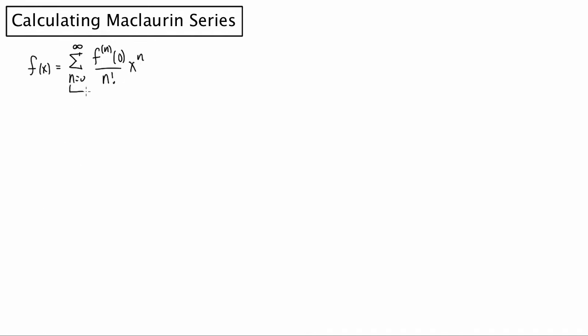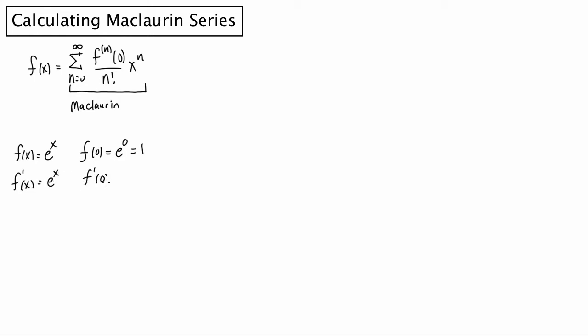And so we want to come up with a similar representation for the functions e to the x and cosine of x. We'll start here with e to the x. e to the x at 0 is e to the 0, which is 1. And if you look at the derivative of e to the x, you get e to the x.